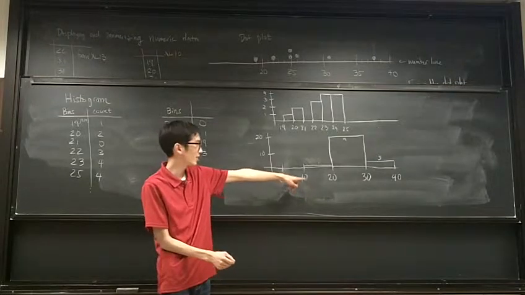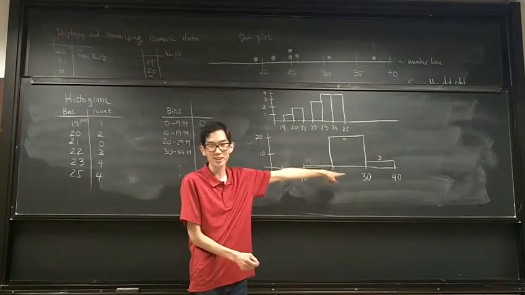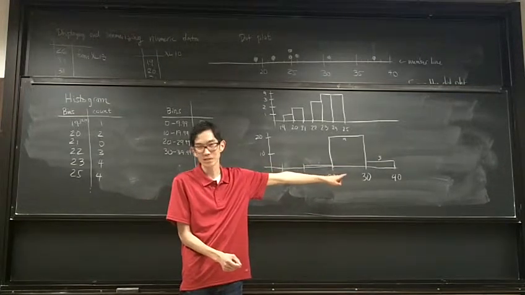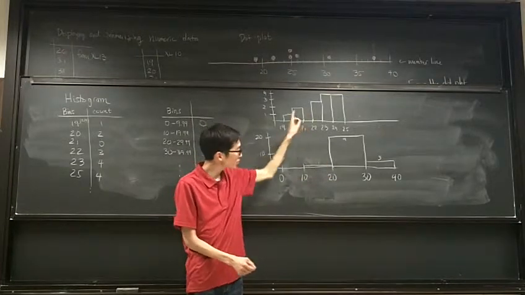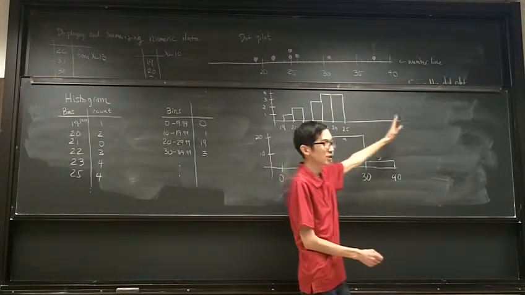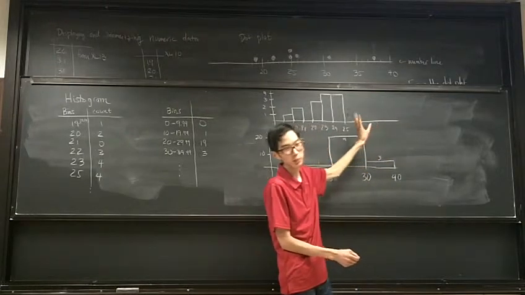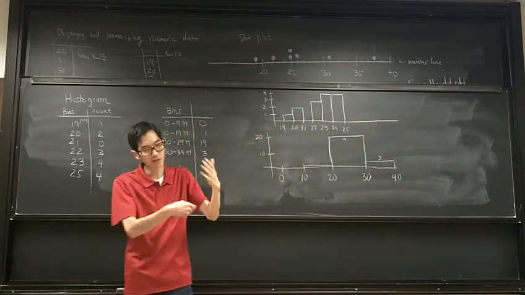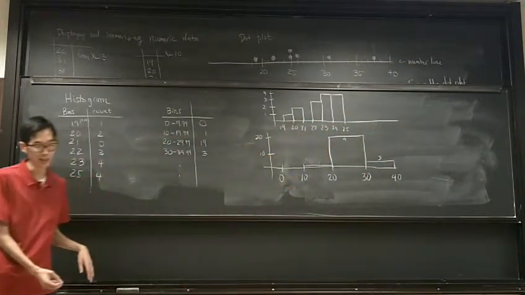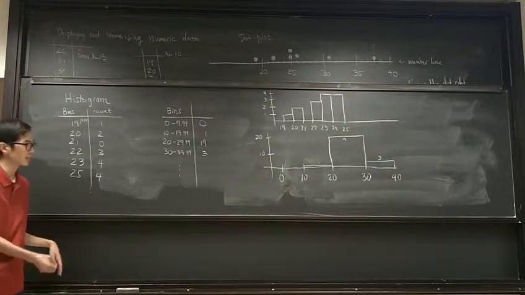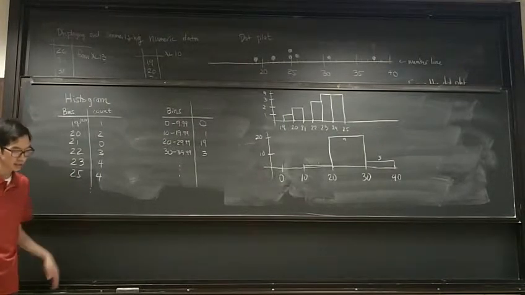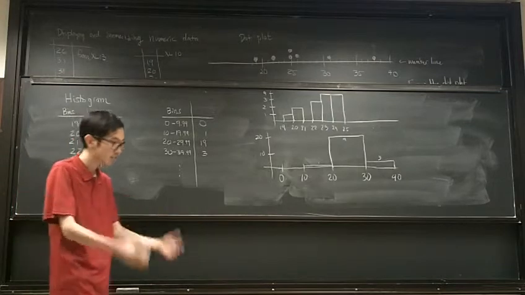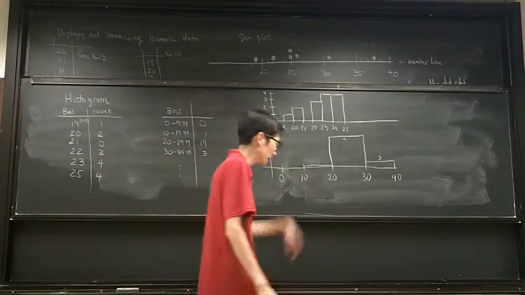If your histogram ends up looking like this, you probably don't have enough bins. If you got a whole bunch of these, and if we did this for the entire classroom, we would probably end up with too many bins. So you need to find a sweet spot between the number of bins, or how wide your bin is going to be, for your data. And it's going to differ for each data set.